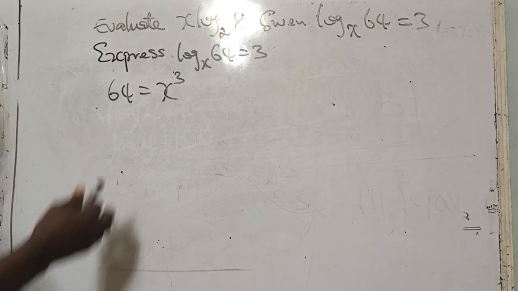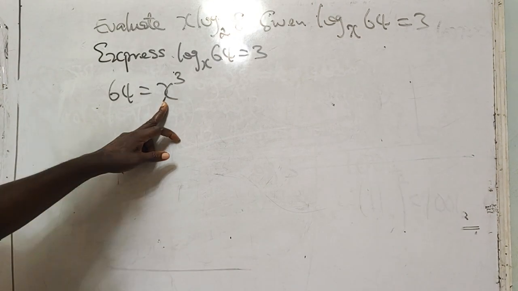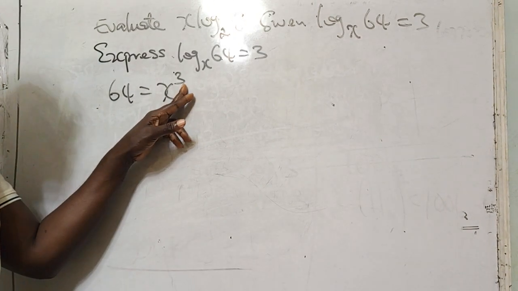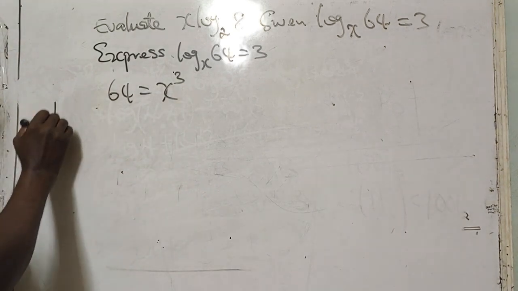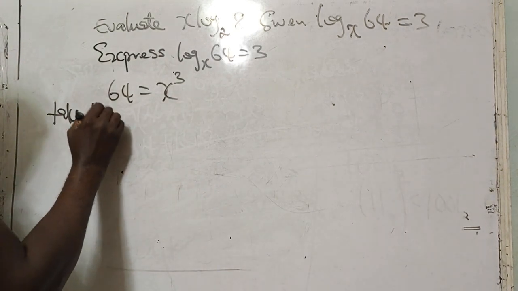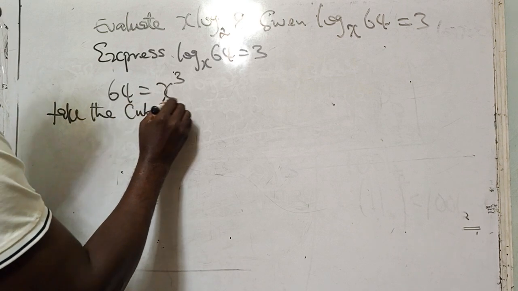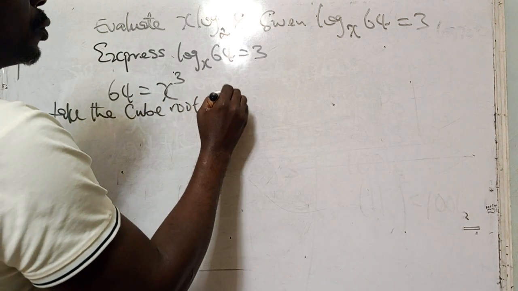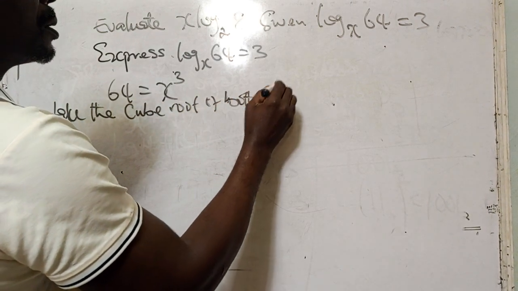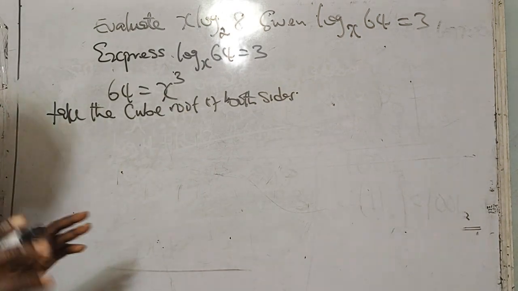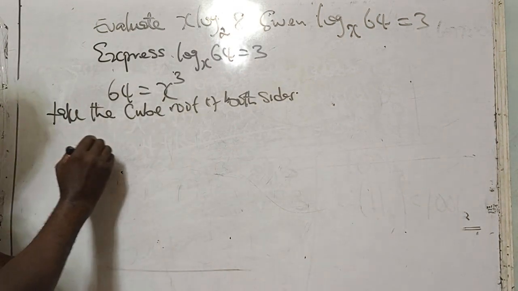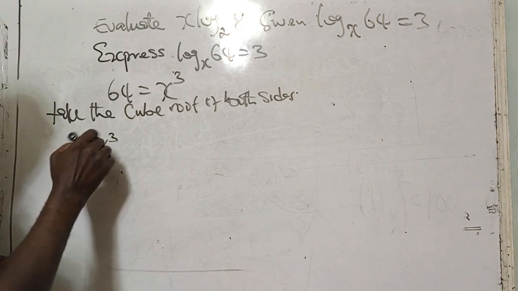For us to have x, since x is raised to power 3, we take the cube root of both sides. When you take the cube root of x cubed, it gives you the same value.